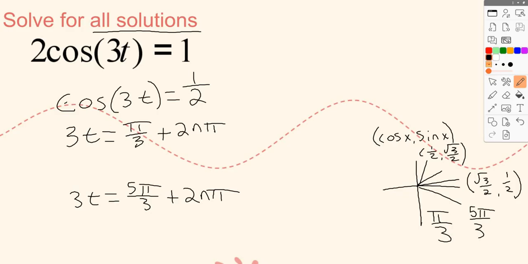Well, we need to divide everything by 3, yes? Which includes that plus 2 pi. Which also makes sense because we get this 2 pi because the period of sine and cosine is 2 pi, yes? Which of our variables in our equation affects the period?